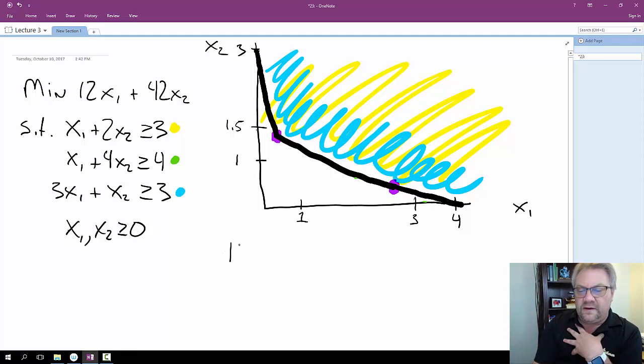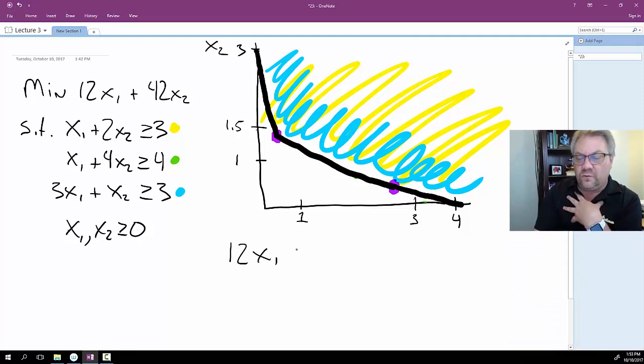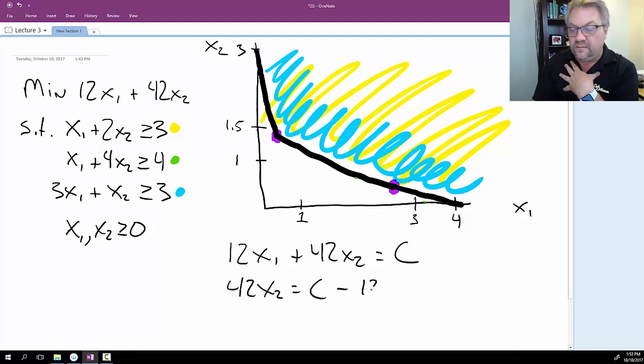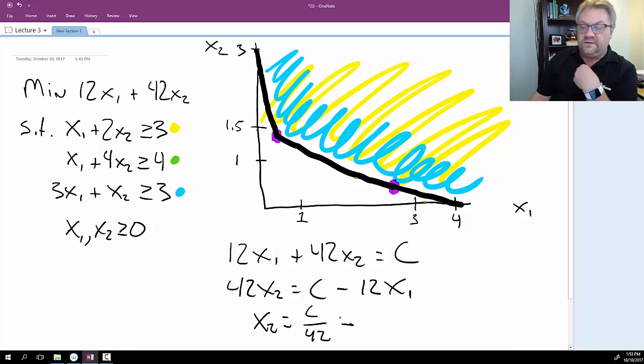So again, I'm going to take 12x1 plus 42x2 equals some number c, and then solve this for x2. So 42x2 is equal to c minus 12x1, right? So x2 is equal to c divided by 42 minus, let's see, 2 goes into here 6 times.